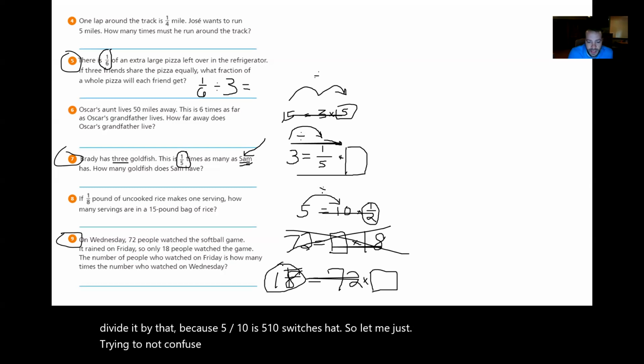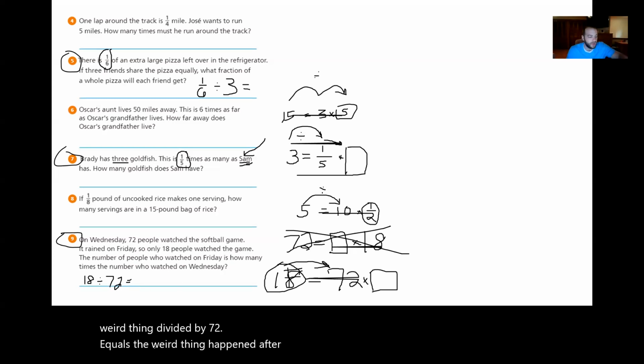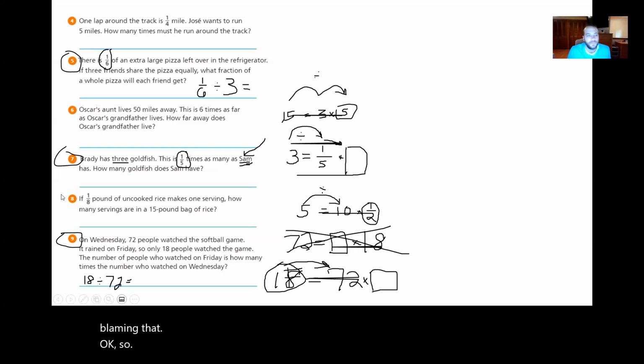To figure this out, take 18 and divide it by 72. 18 divided by 72 equals.